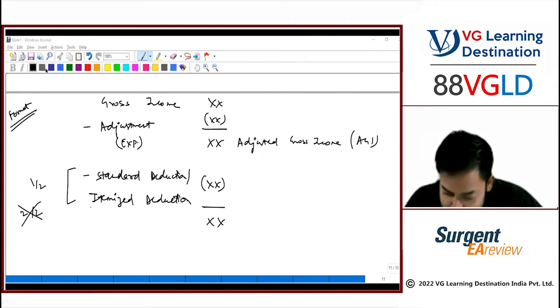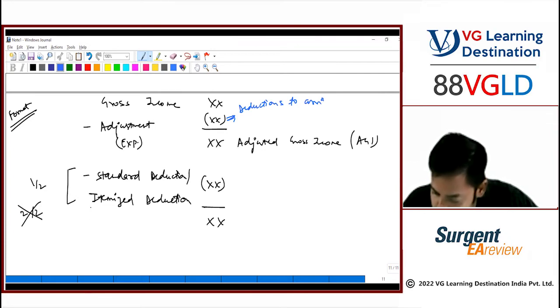Okay. Adjustments are also called deductions to arrive at AGI, because these are the figures you are reducing so that you can arrive at AGI. The standard deduction and the itemized deductions are called the deductions from AGI.